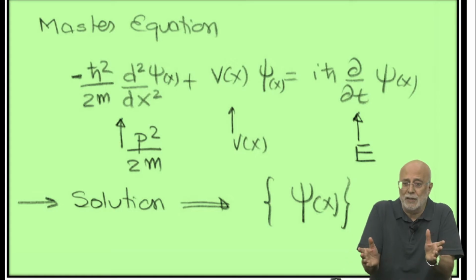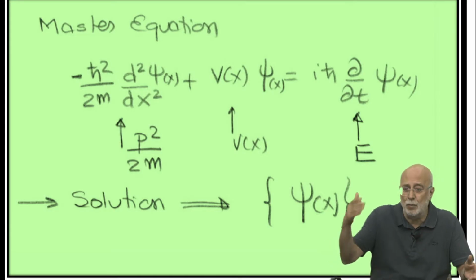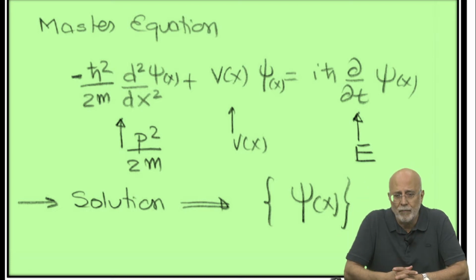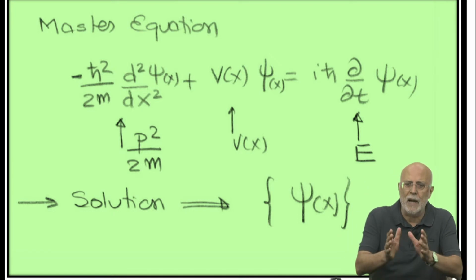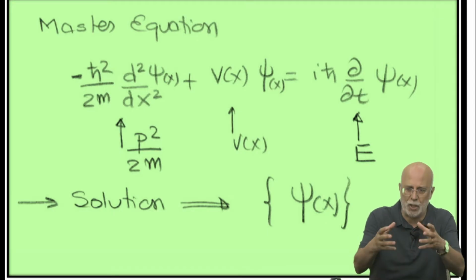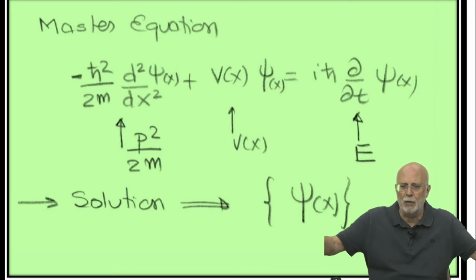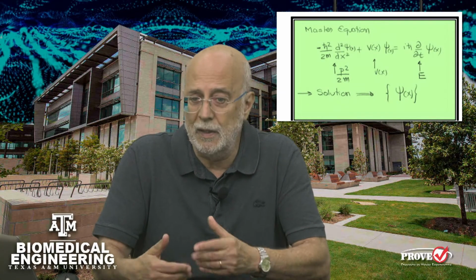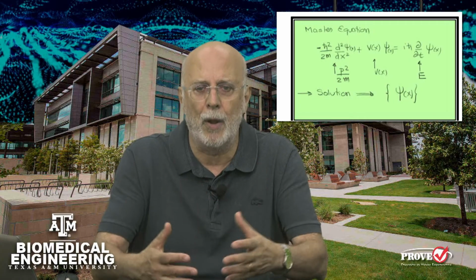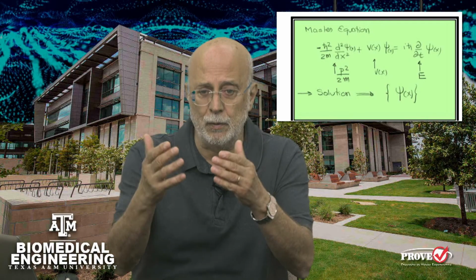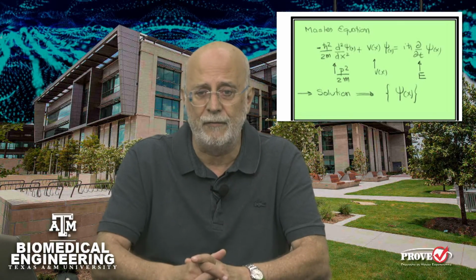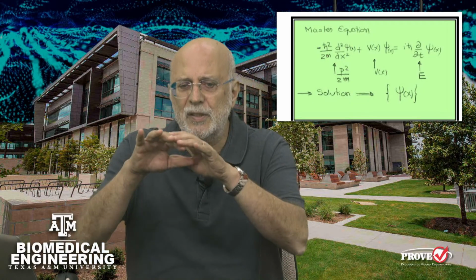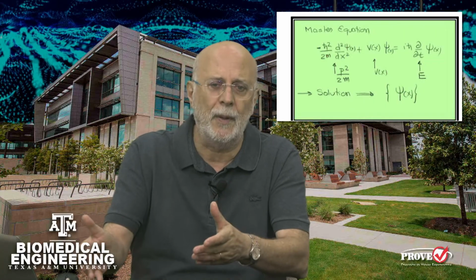But the solution is no longer a trajectory as it was when I treated the electron as a spring and mass. Now the solution will be a collection of possible functions with spatial variations, which is called the wave function. And knowing this wave function, I can solve the problem, because this collection of wave functions gives us exactly the possibilities of solution of the problem.